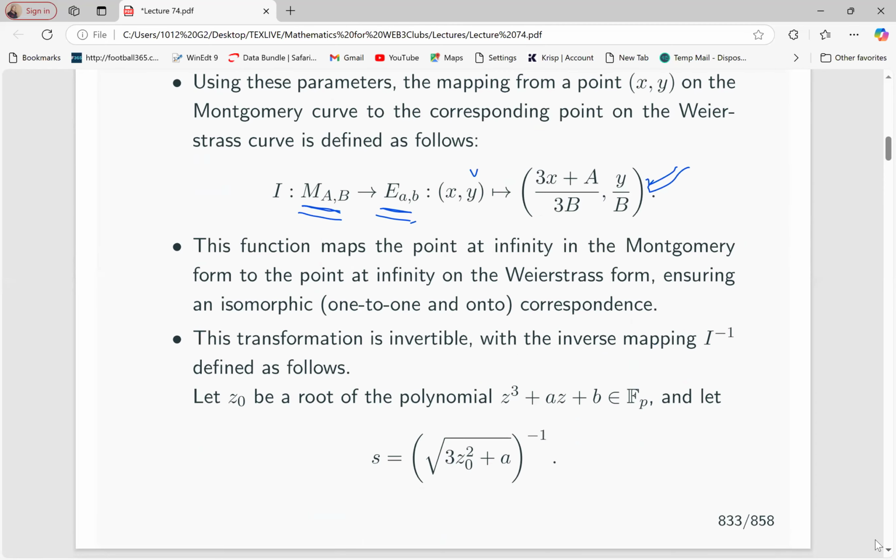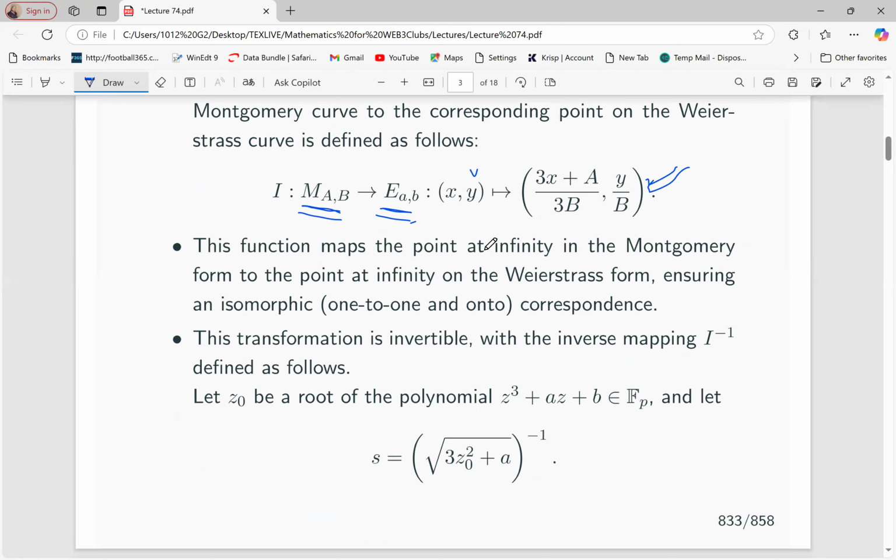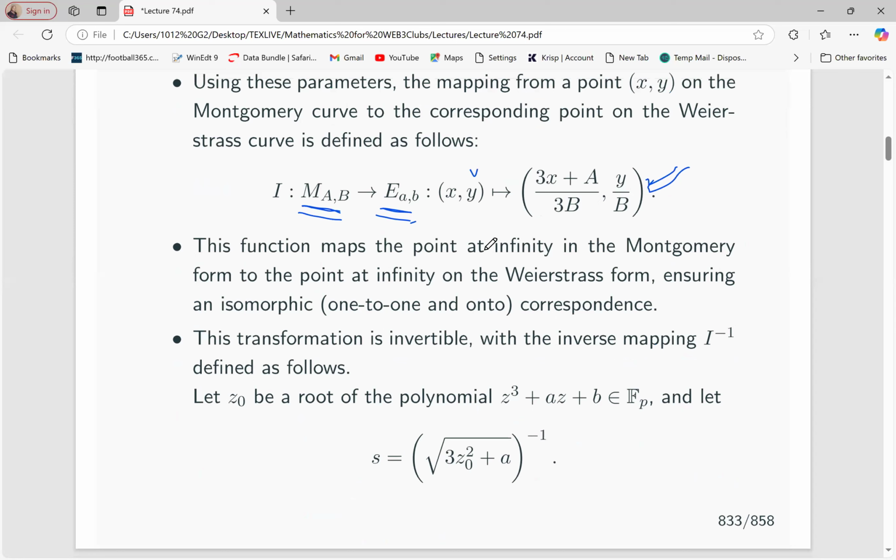Now, what about if you're given the short Weierstrass and you want to get the points of the Montgomery? That means we just get the inverse of what we've just done.